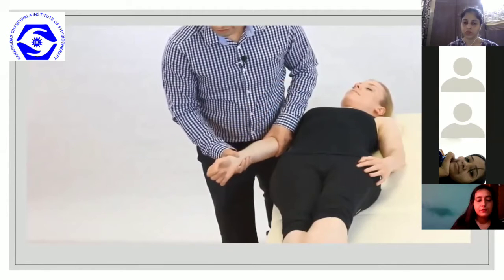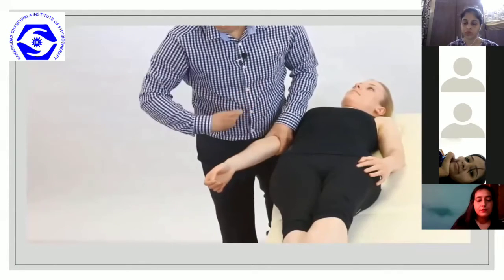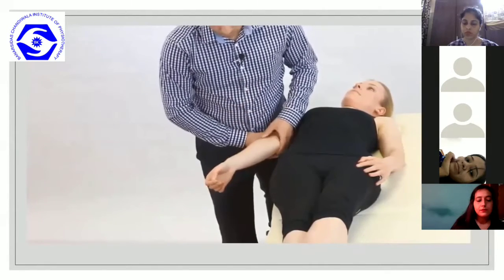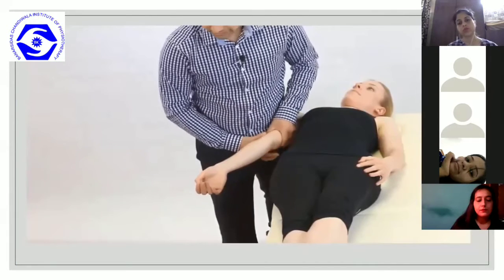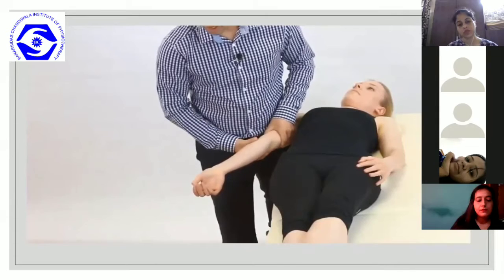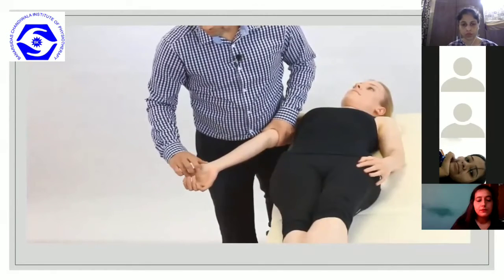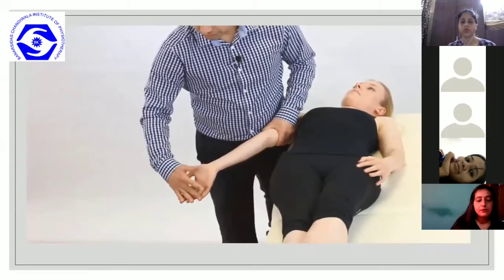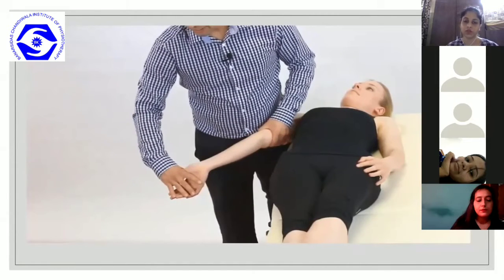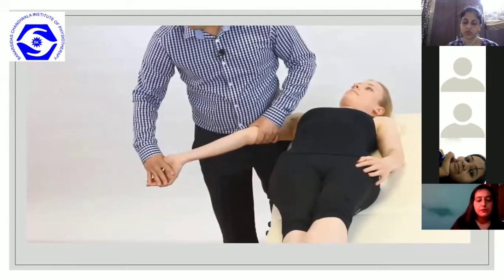And the third movement is to laterally rotate the whole arm, which we can do by rotating at the humerus. The fourth component is thumb extension, finger extension, and wrist extension, which we can do like so. And finally, we're going to bring the patient's arm into a 60-degree abducted position.